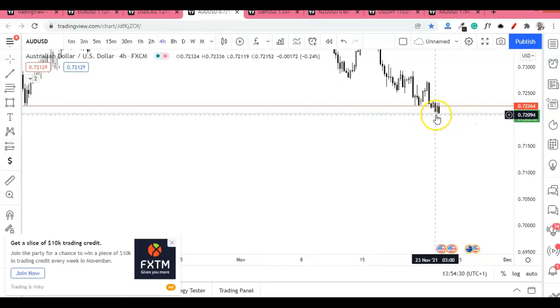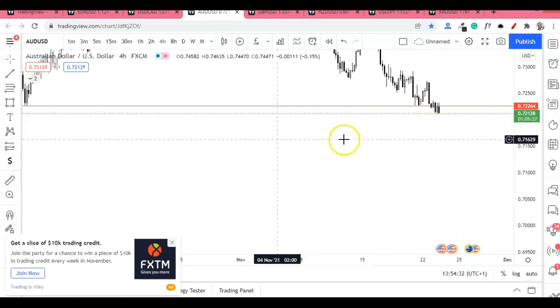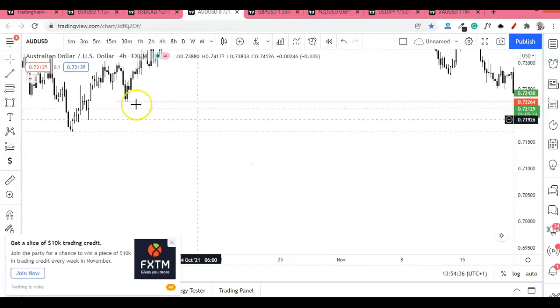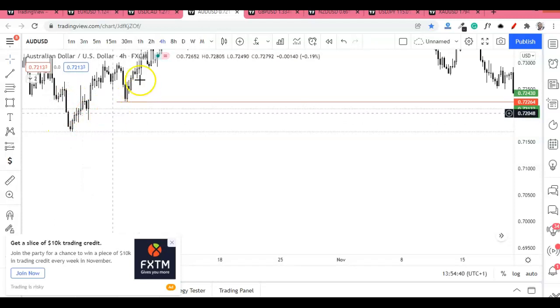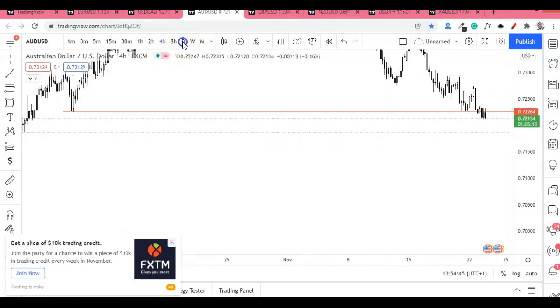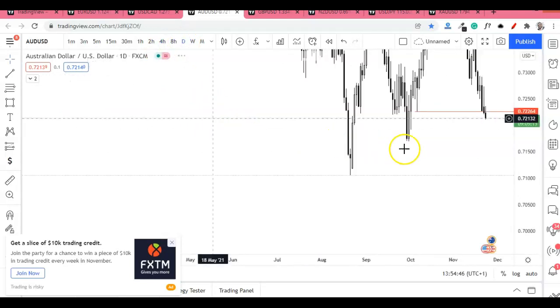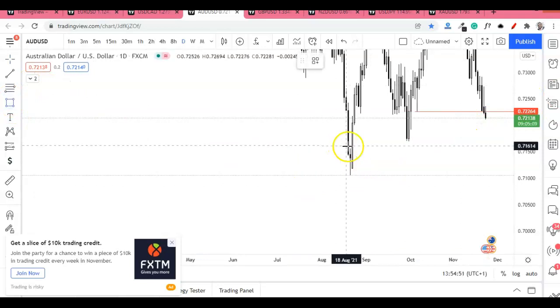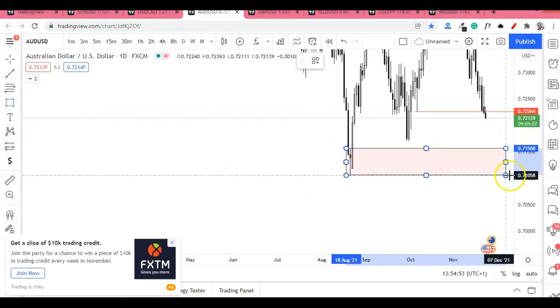If I'm to identify a demand zone, for example, I will look left and identify a zone that price hasn't touched. Are you with me? Identify a zone that price hasn't touched. Let's go to daily. So in this case, I can see a demand zone here.